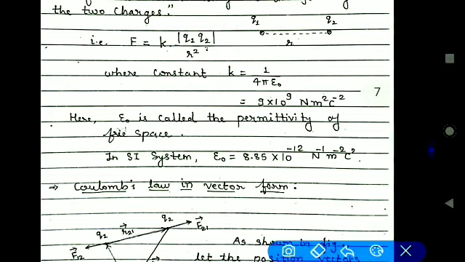The value of k is 9 into 10 raised to 9 Newton meter square per Coulomb square, while the value of permittivity of free space, that is epsilon naught, is 8.85 into 10 raised to minus 12 Newton inverse meter square inverse Coulomb square.